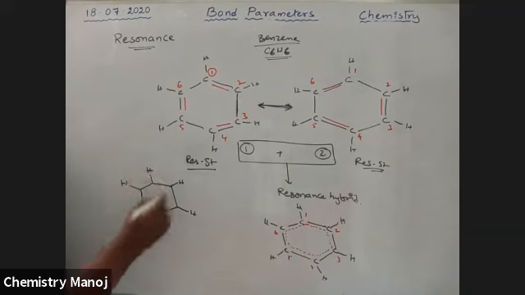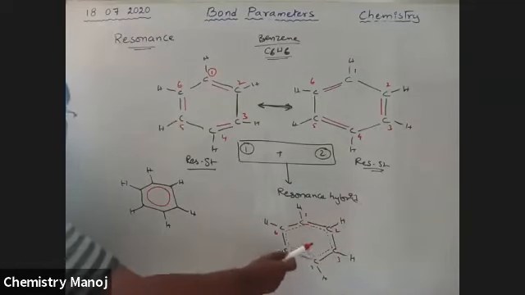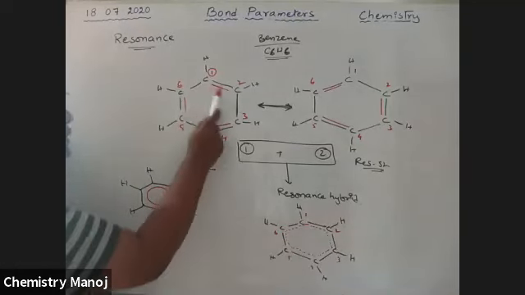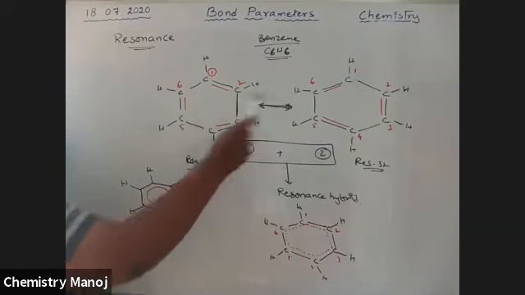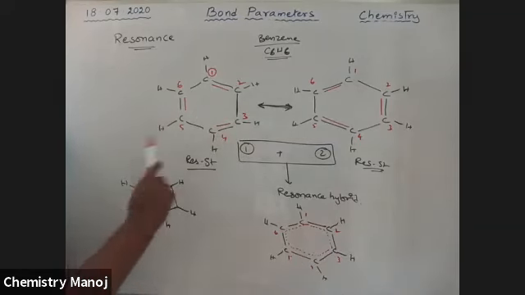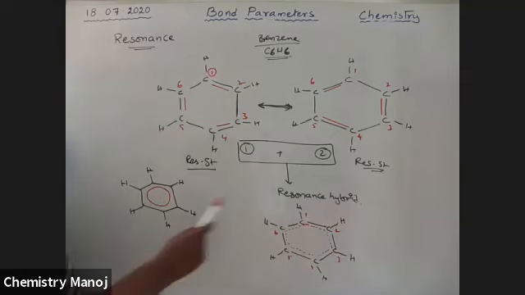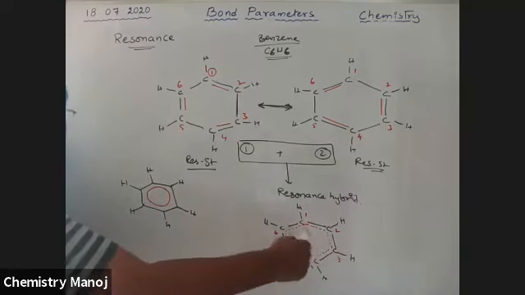So in benzene there is a ring. What is the meaning of this ring? This ring is nothing but this dotted line, and this dotted line is nothing but 3 pi bonds. Where are these pi bonds? That pi bond is not located at one place. That is why all those 3 pi bonds are indicated with dotted lines.